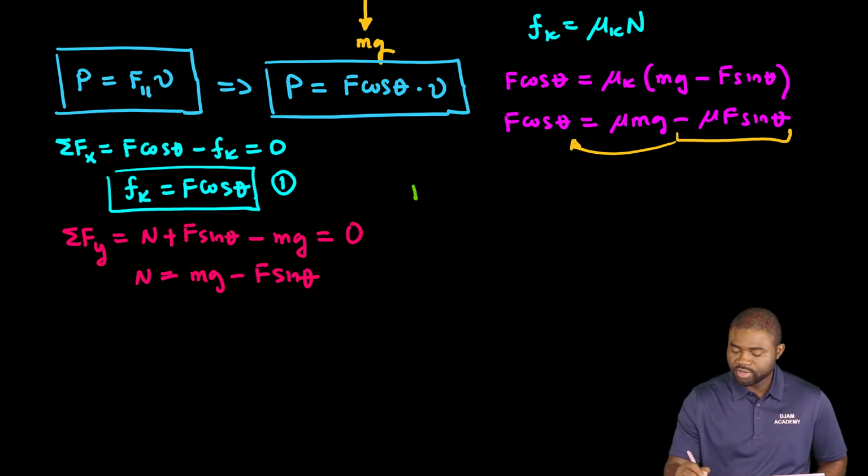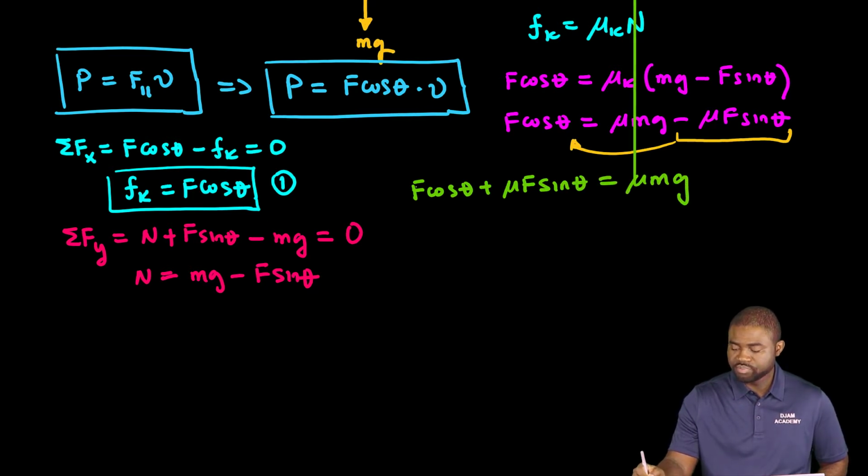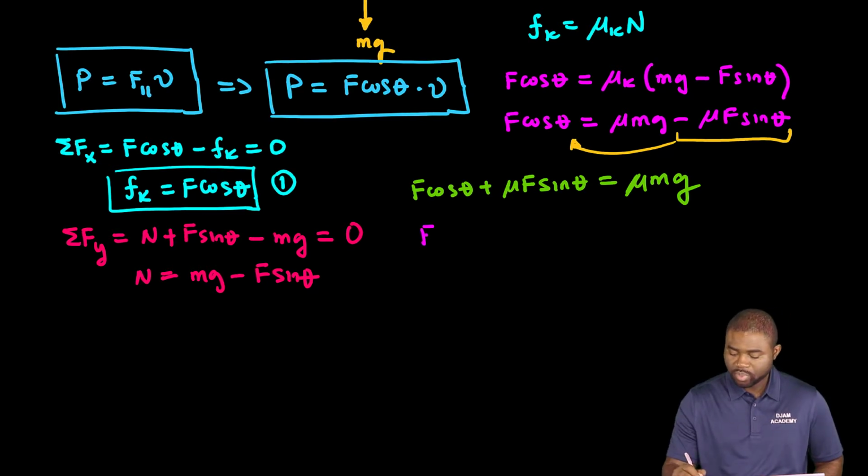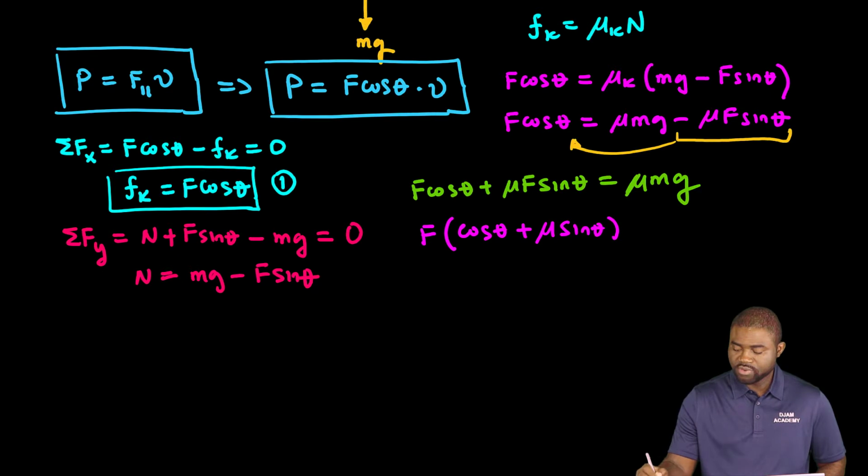So we will have F cosine theta plus mu F sine theta equal to mu mg. If we factorize out F, this will be F times cosine theta plus mu sine theta equal to mu mg.